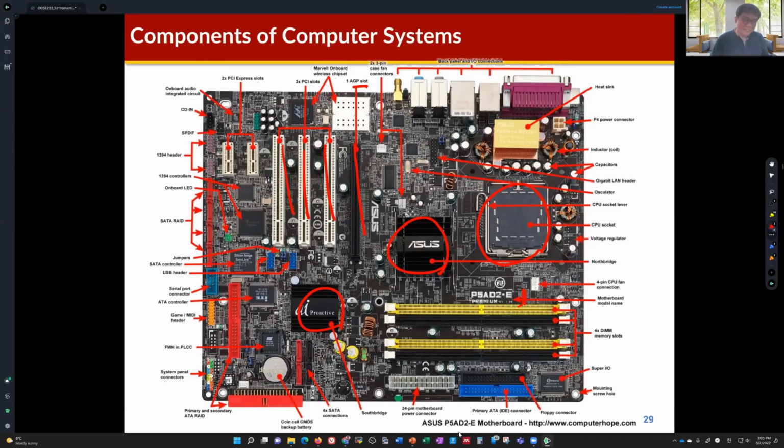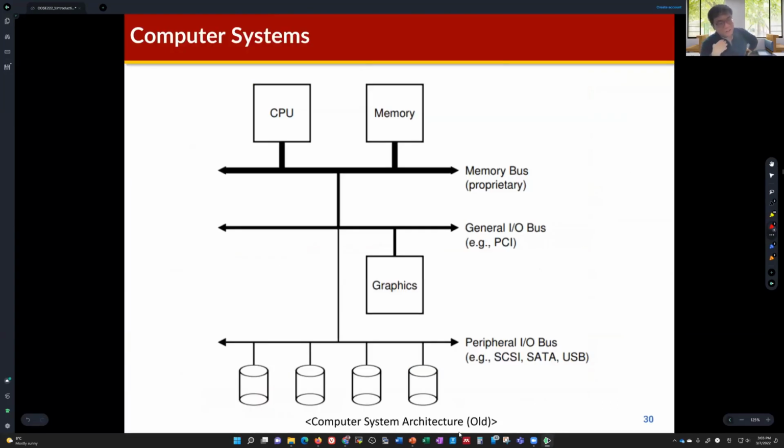It's not easy to understand, but we can understand how computer systems are organized using this simplified view. It's also a kind of abstraction. So this is an example view of the old computer systems, not modern computer systems.